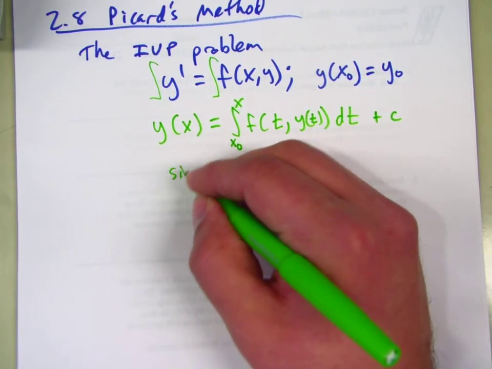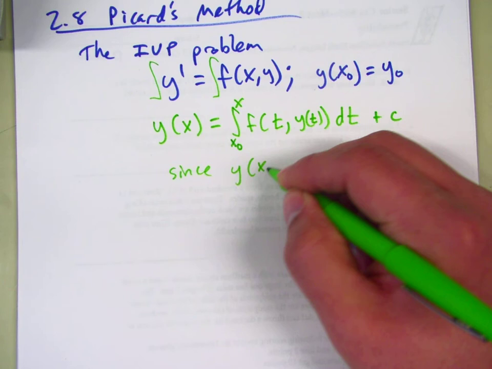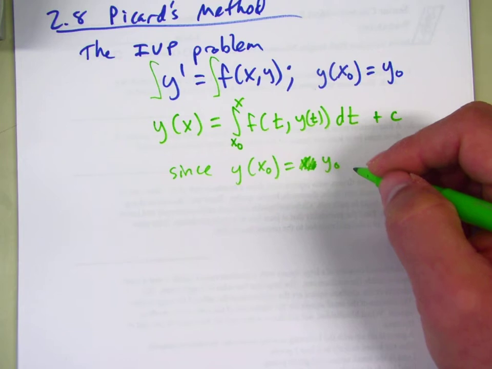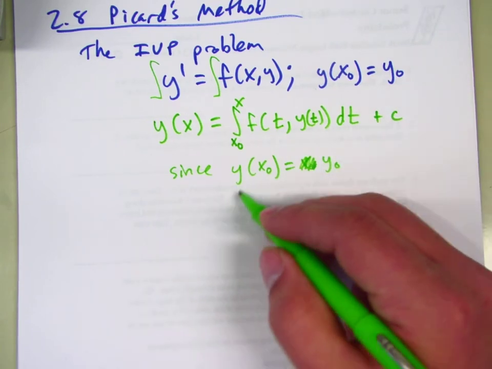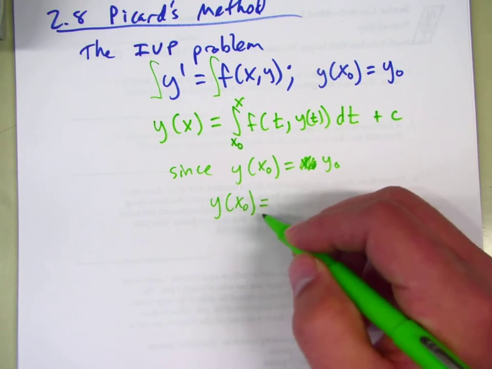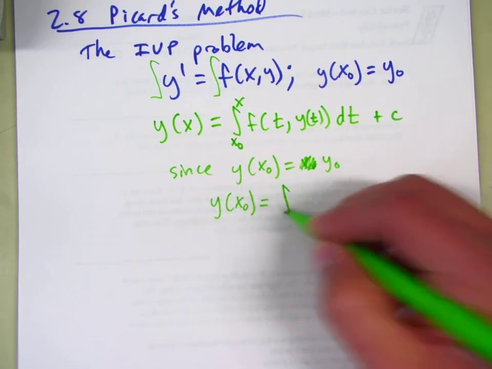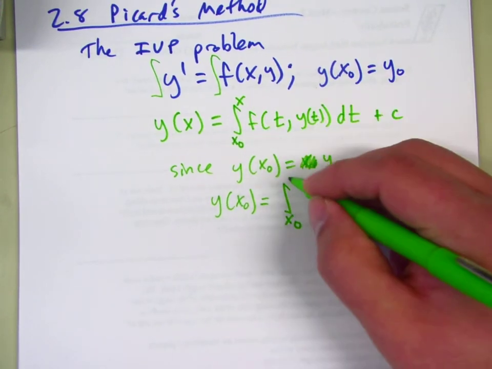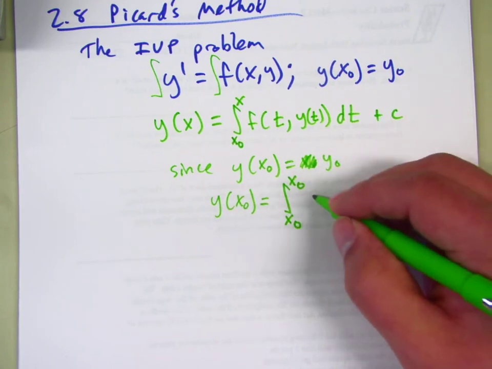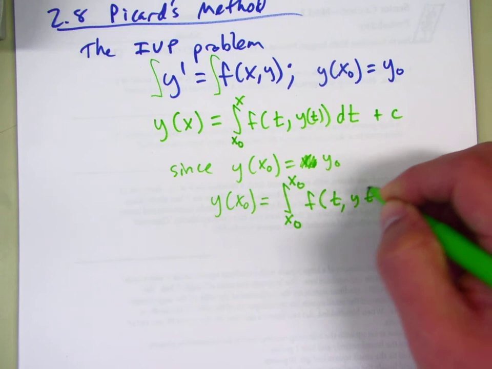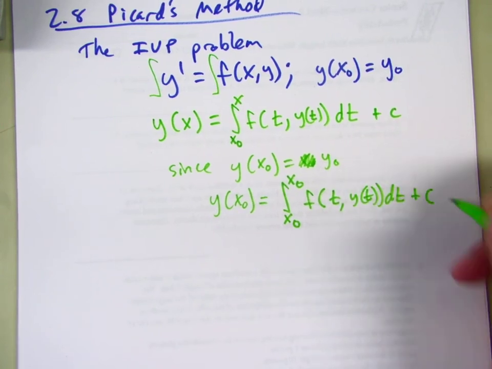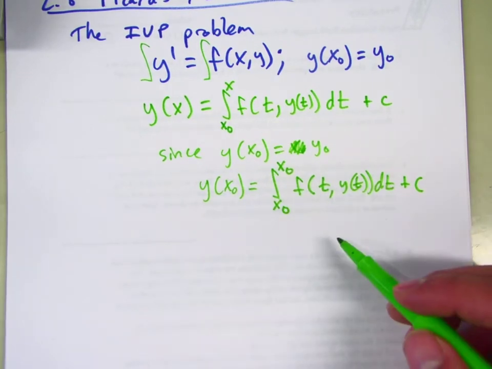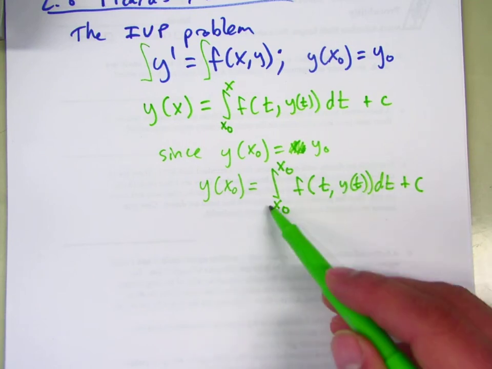Now, since we know the initial condition y of x naught is equal to y naught, if I plug in x naught to x, now we have this function, but this is interesting in the sense that some nice things happen.